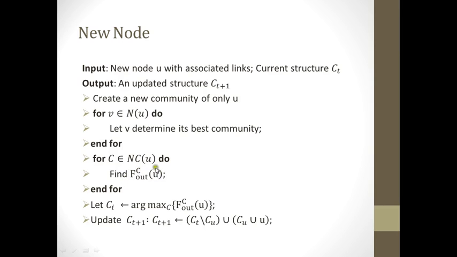Based on the forces from all the adjacent communities, we find the maximum of these forces, and U will be joining that particular community. Thus the new community structure will be the old community structure minus the community which U is going to join, plus the new community with U added to it.